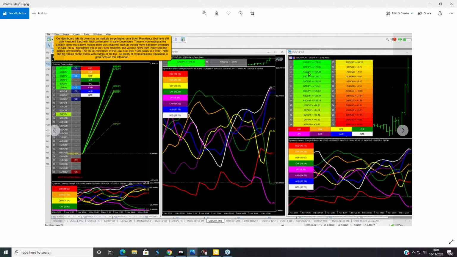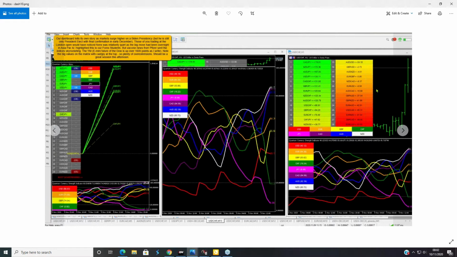We all know what happened. But importantly, look at the values that appeared on the matrix from what they were. The 72 was quite low, I should have kept the screenshot, my fault. It went up to 176. This is what this indicator does.